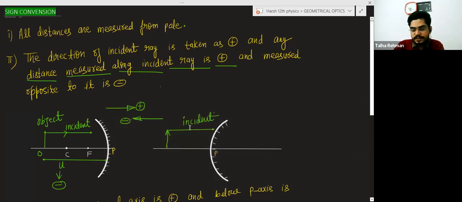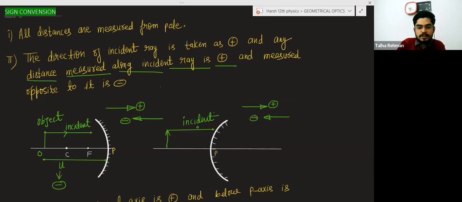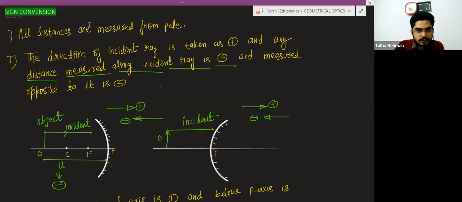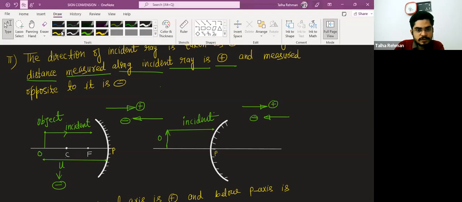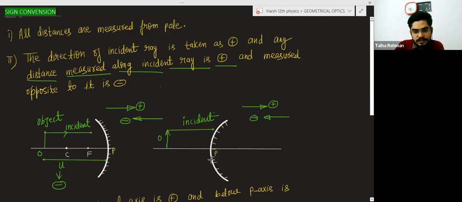In this direction, the distance you measure will be positive, and in the opposite direction, the distance will be negative. So what can you say about the object distance? This is the object, and the object distance is the distance between the pole and the object. You will measure the distance like this.